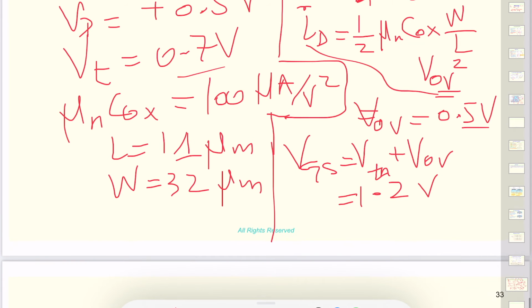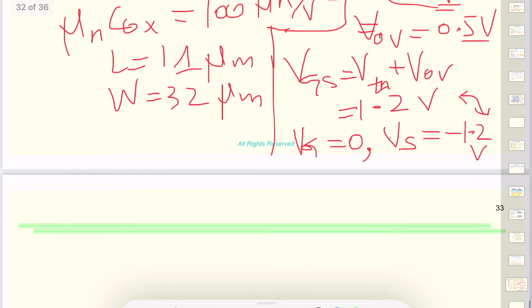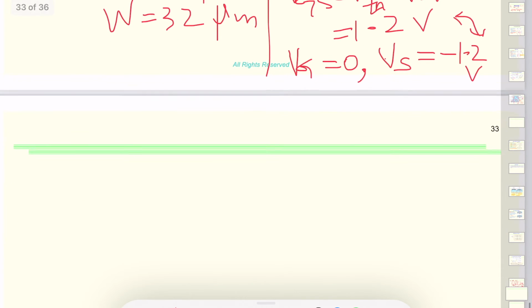Now VG is 0 in this case. We haven't been given a voltage drop on the gate side, so the source voltage, to offset this, has to be minus 1.2 volt. So from this relationship we get the source voltage.